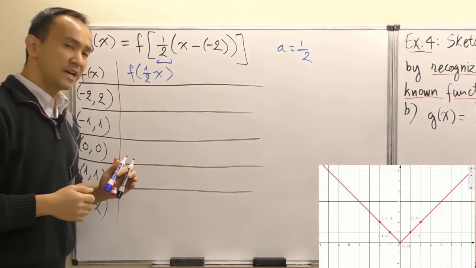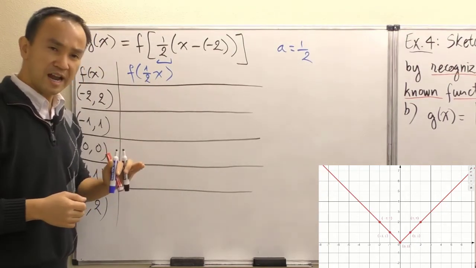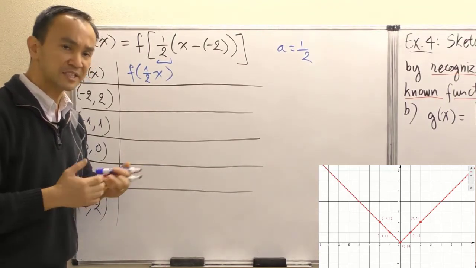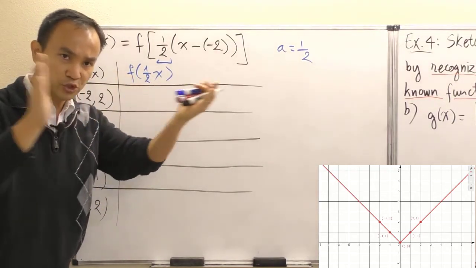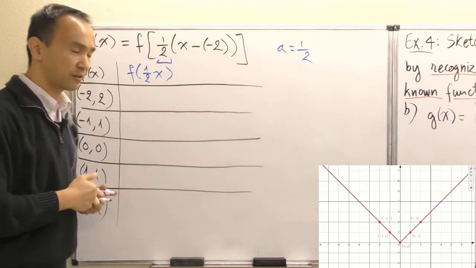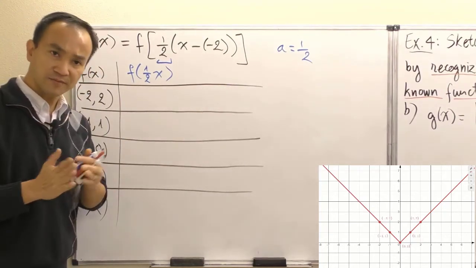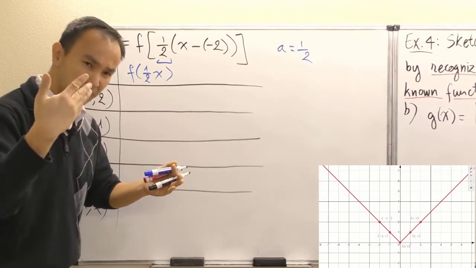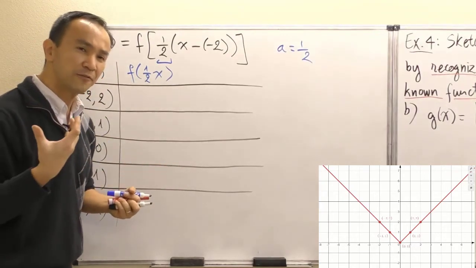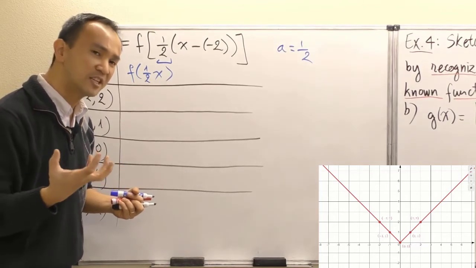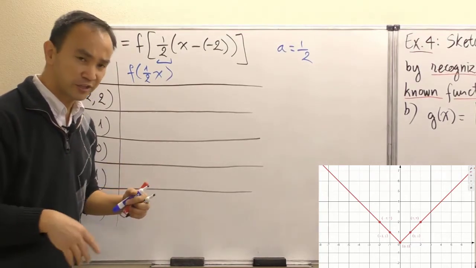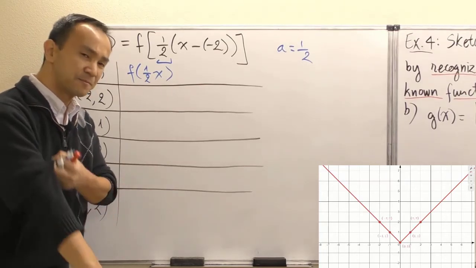And since the absolute value of 1/2 is less than 1, we're going to expect a horizontal stretch. It's going to be wider. Like I said, the visual description that I'm saying through the mouth is easy, but it's only easy for people who are fluent with looking at things and have a good sense of visualization. But for a larger majority, not everybody is really that visual.